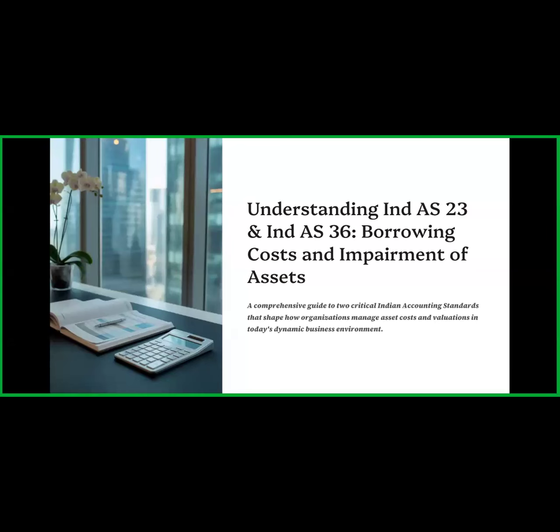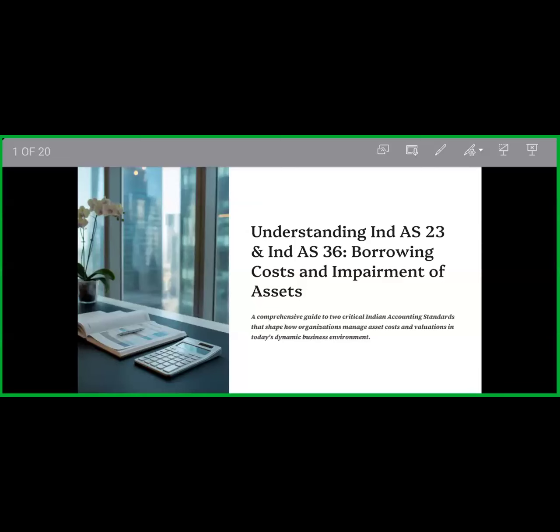So why do companies borrow funds? Why does a company take loans or issue bonds? To buy another property, to build a manufacturing plant, to buy machineries, to buy equipments. So these are the needs of the organizations, and that's why they raise the fund.